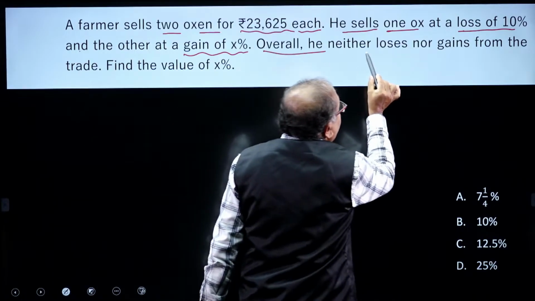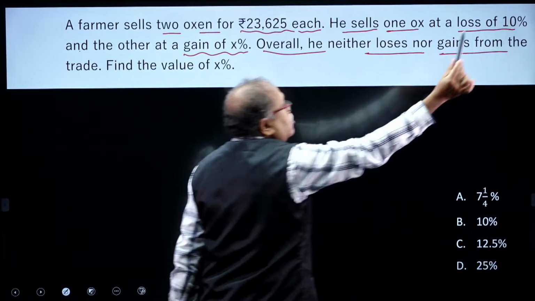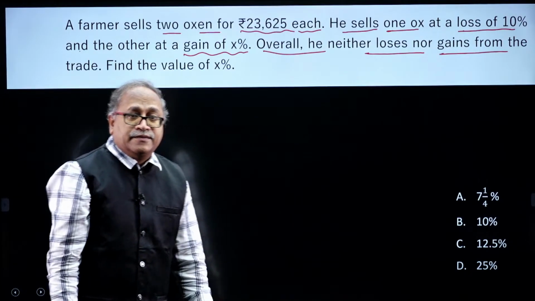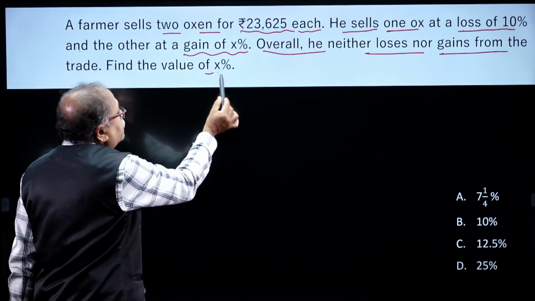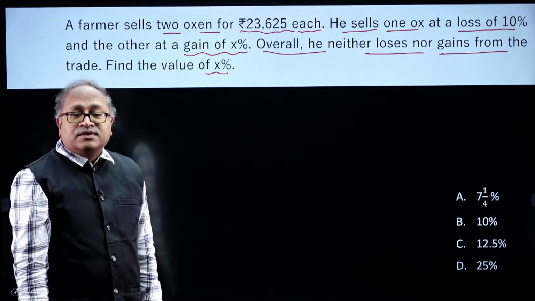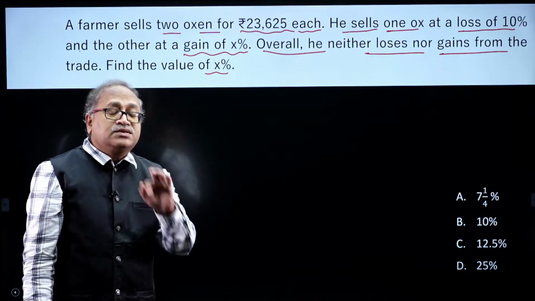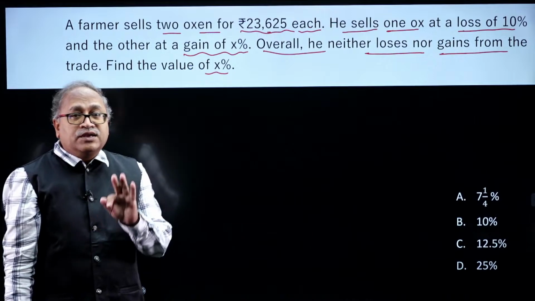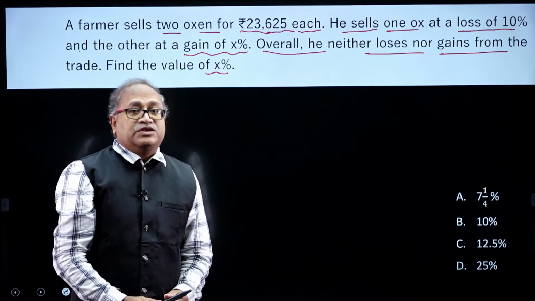Overall he neither loses nor gains, no profit, no loss at the end. Then what is the value of X? These are the 3 ways this type of question can be presented when selling price 1 is equal to selling price 2.